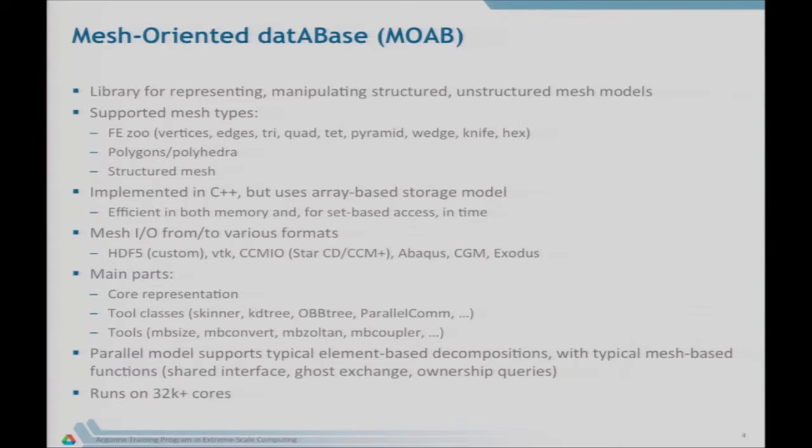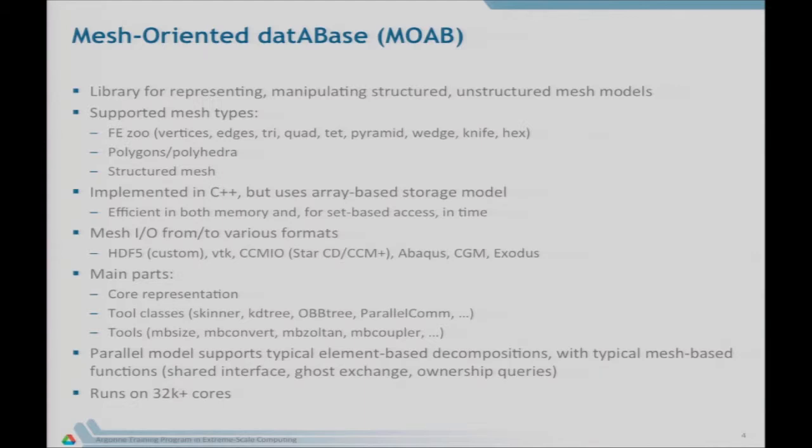It provides I/O from and to various formats. If you've dealt with any of the Viz tools, you know that they each come with about 80 or 90 mesh formats that they read and they write. MOAB doesn't provide quite so many, but a lot of the mesh formats that you'll see mesh and data coming with are supported by MOAB directly.